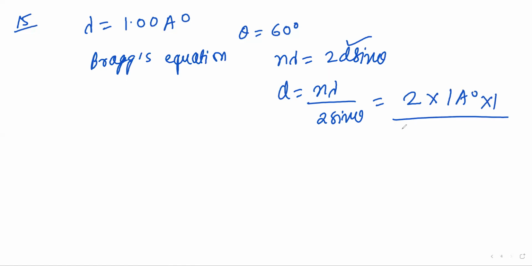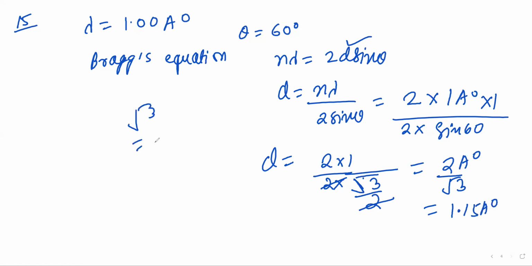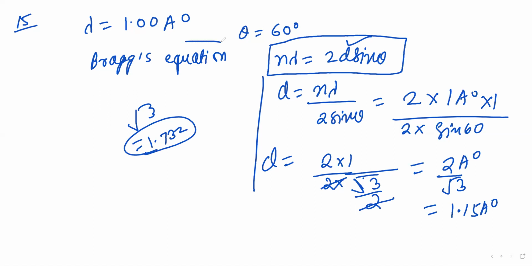Divided by 2 sine theta, sine of 60. Now solve it, you will get the distance. So it will be 2 into 1 divided by 2. Sine theta is nothing but root 3 by 2. So this 2 and this 2 will get cancelled. It will be 2 by root 3 Angstrom. So calculate it, you will get 1.15 Angstrom. Root 3 value is 1.732. So this equation is very important for you, that is Bragg's equation.